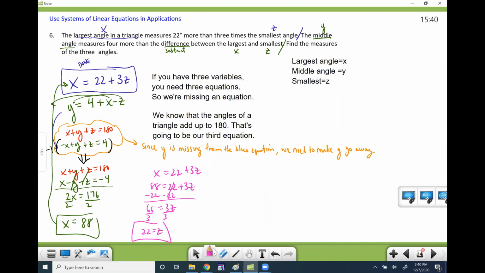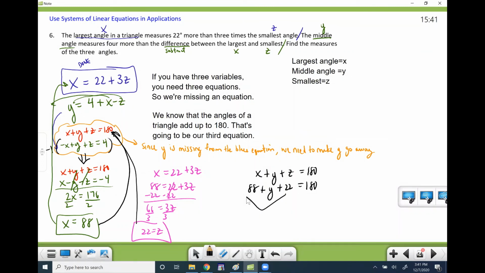Okay. Well, we know where we're going to take those two. We're going to take them to the fact that the angles in a triangle all add up to 180. So you don't even have to use that equation, you know, add them up and then subtract them from 180, right? Like you guys know these have to add up to 180. But just for your notes, so you know what happened. If we have this equation and we know x is 88 and we know z is 22, let's see, 88 plus 22.